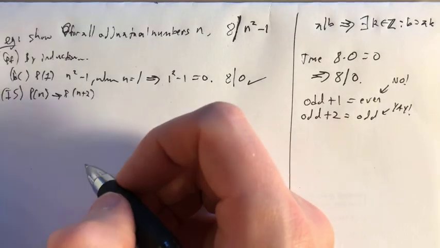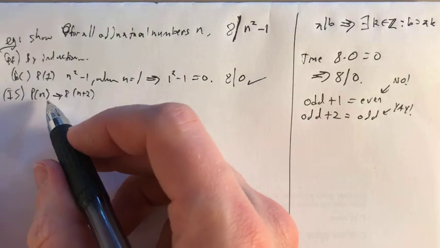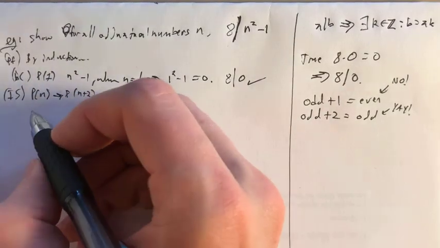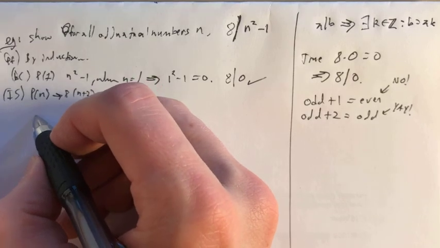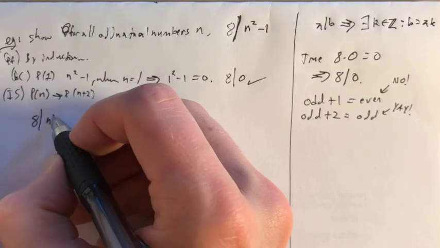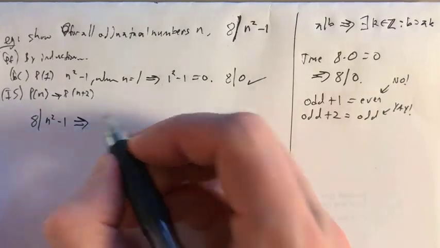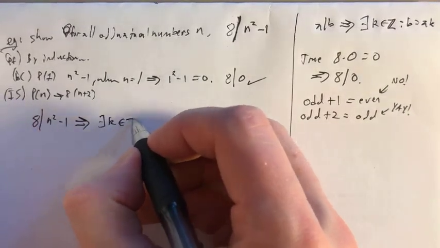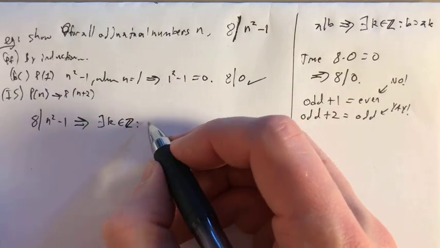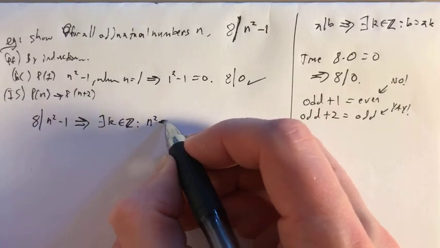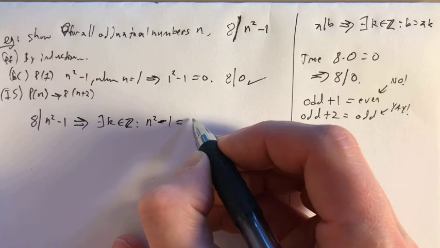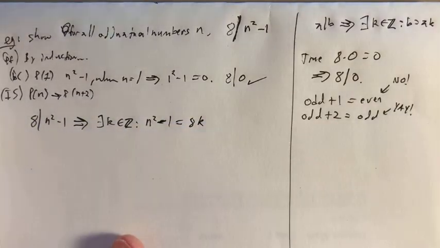All right, so our inductive step, we want to show that P of n implies P of n plus 2. So let's start with P of n. P of n says that 8 divides n squared minus 1 for some odd number n. Well, this means there exists an integer k such that n squared minus 1 equals 8k.